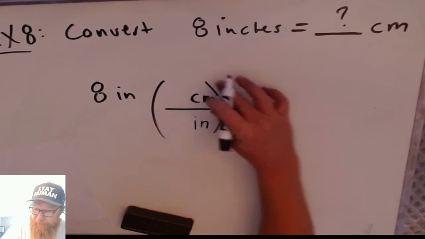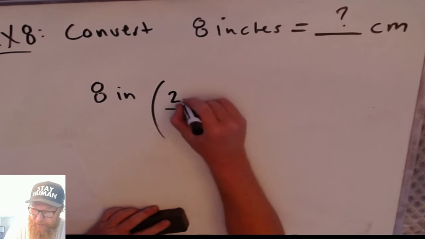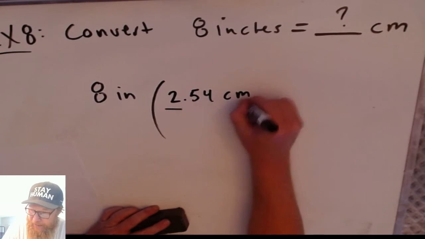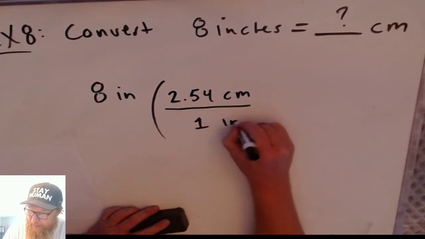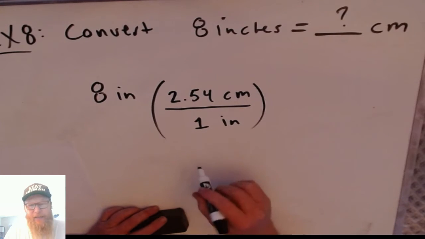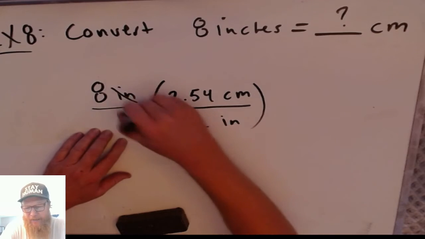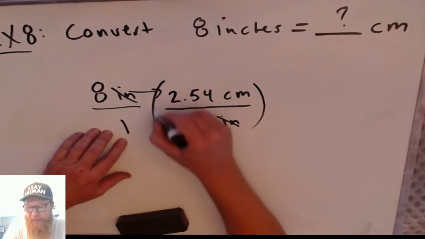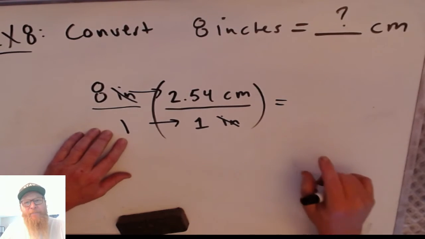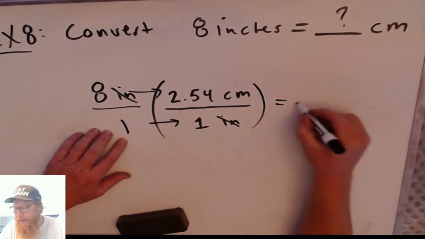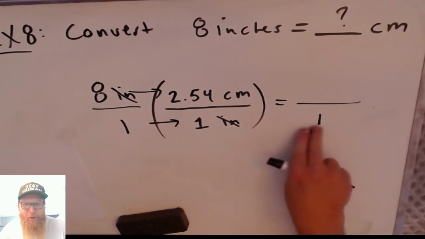So I need to give myself some more space. 2.54 centimeters is 1 inch. And again, just put a 1 down here for safe measure. Cross off the inches, multiply straight across. All right. If the denominator is just 1, you can just omit it.